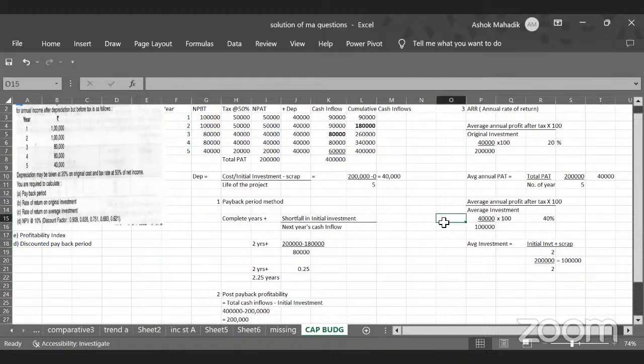And it fits in your screen. Okay. Veena is asking how to calculate cash inflows.